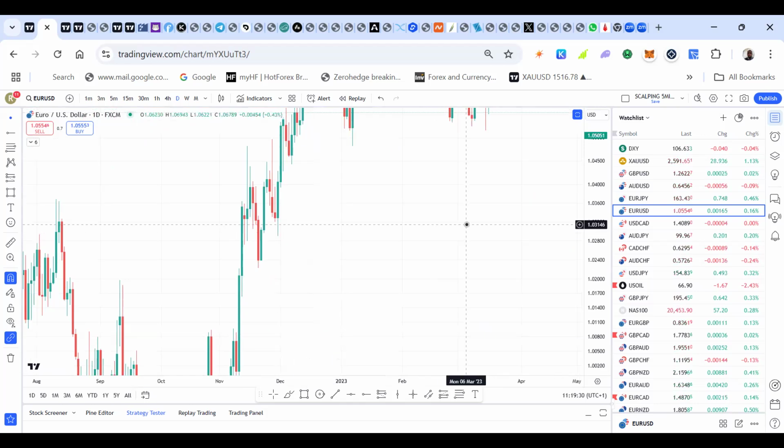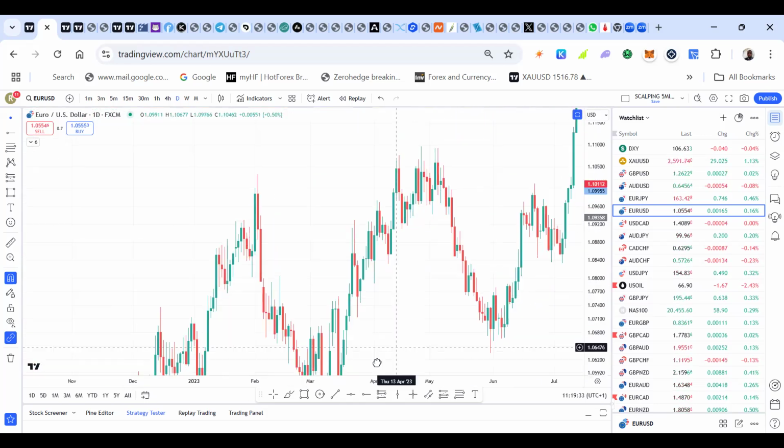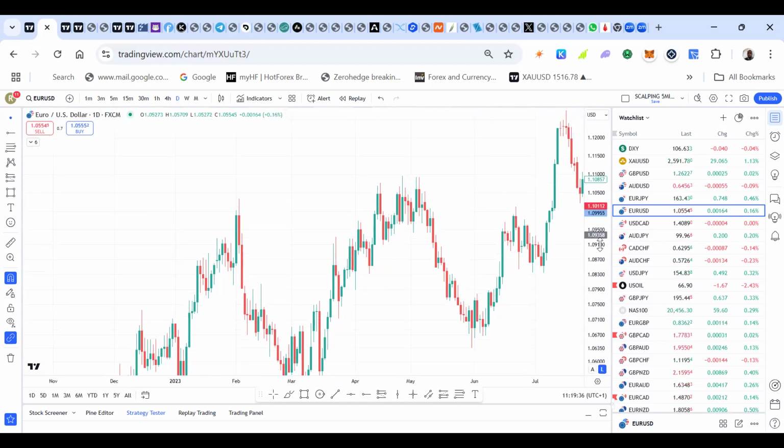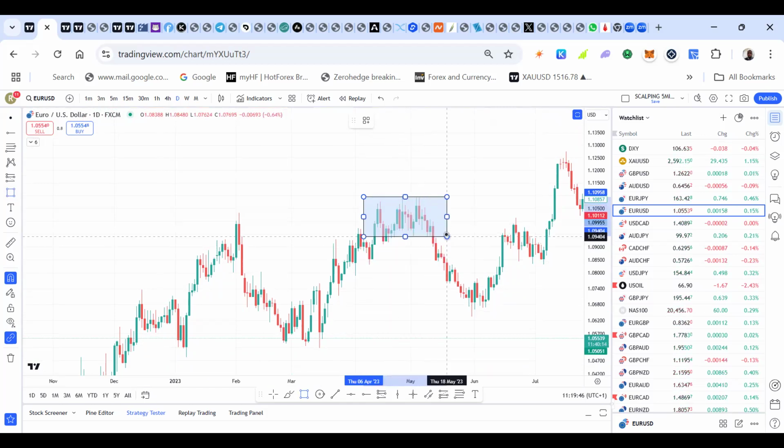Okay, so let's use this one. You see what is happening here is a consolidation.